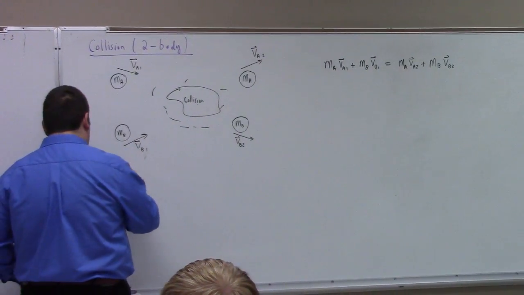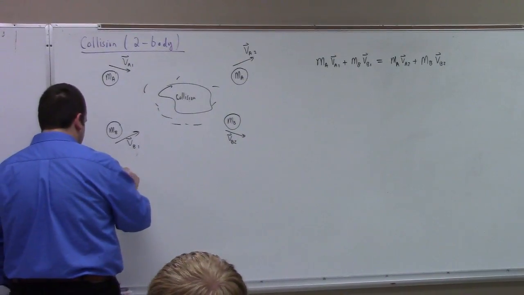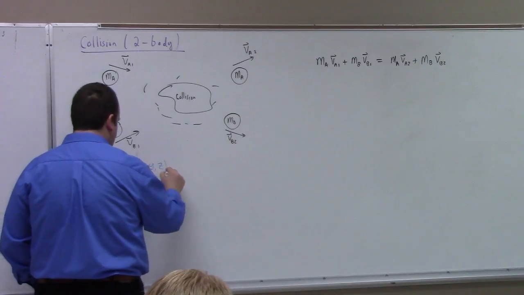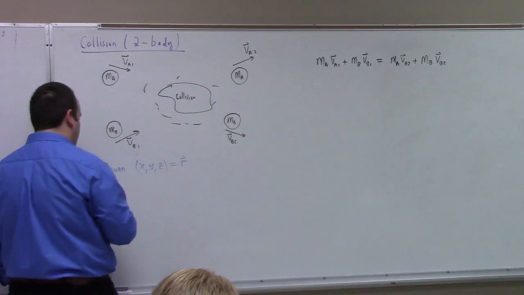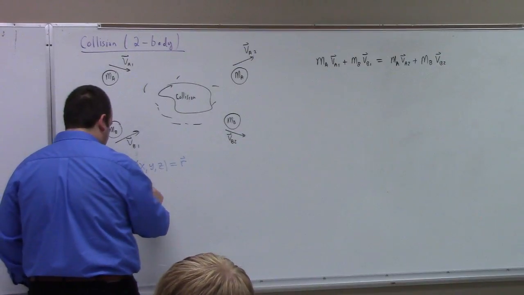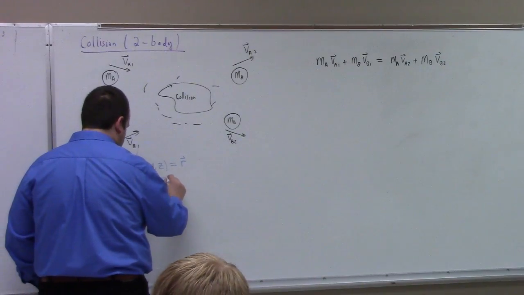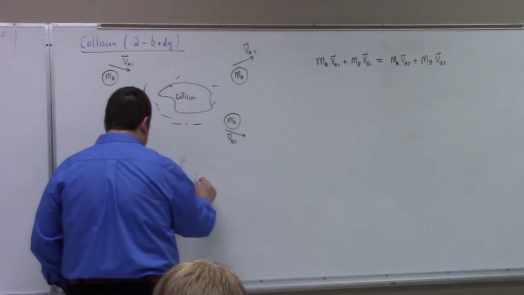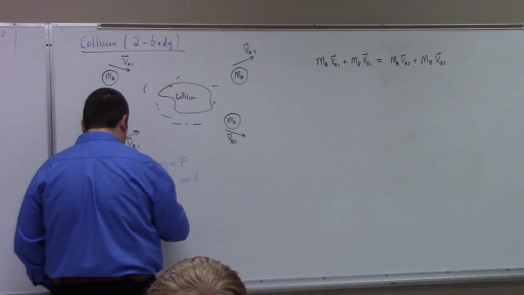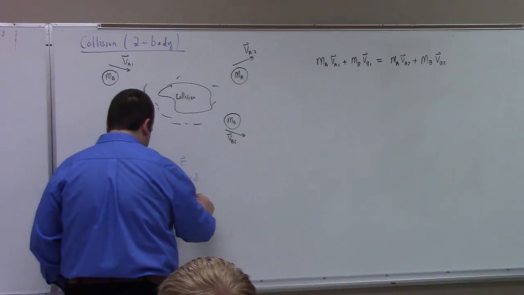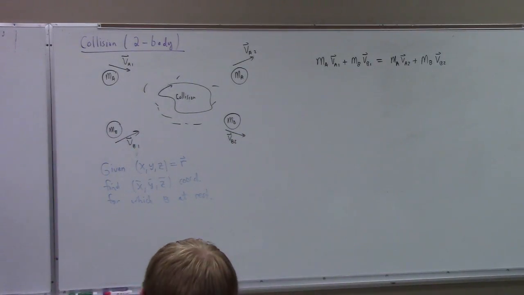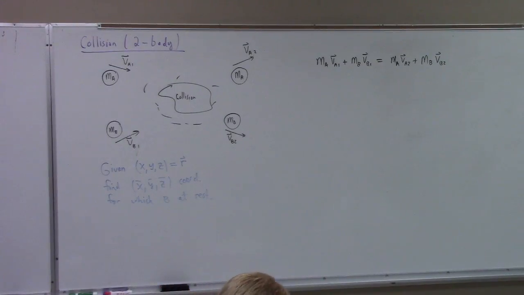So I'm given X, Y, Z coordinates, right? I want to find X bar, Y bar, Z bar coordinates for which B is at rest. It's not hard, guys.